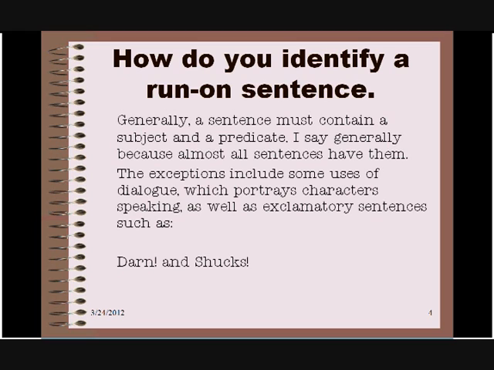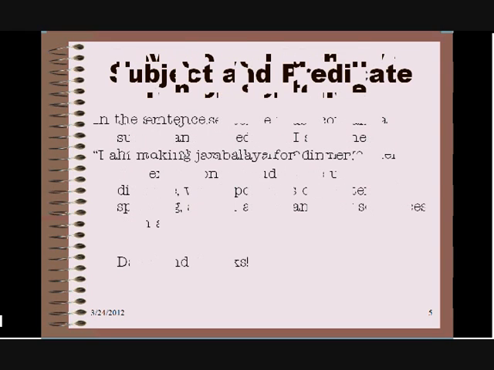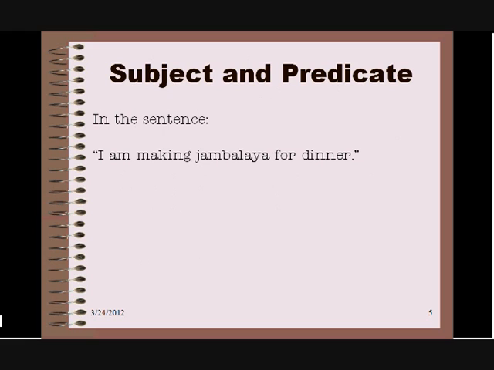Also, exclamatory sentences like darn, shucks, phooey, any of the words that can't be used on television in the same manner. So anyway, a sentence will have a subject and a predicate.